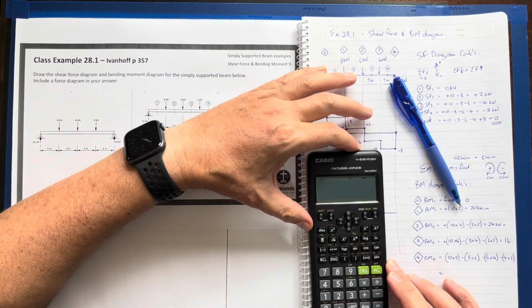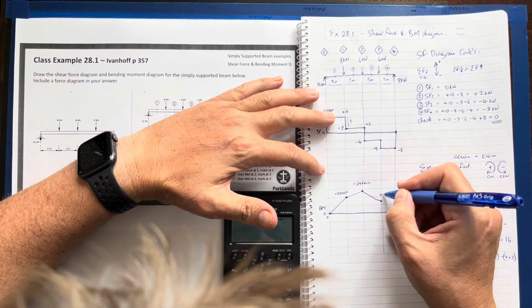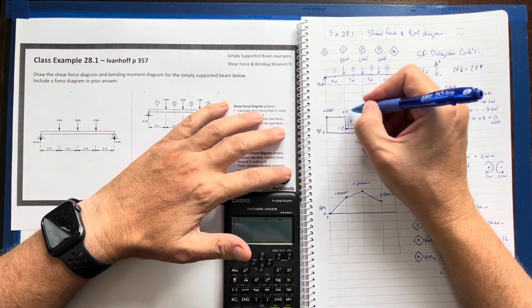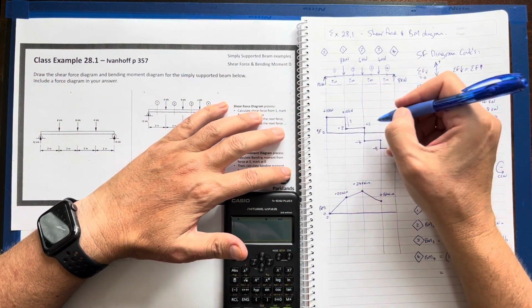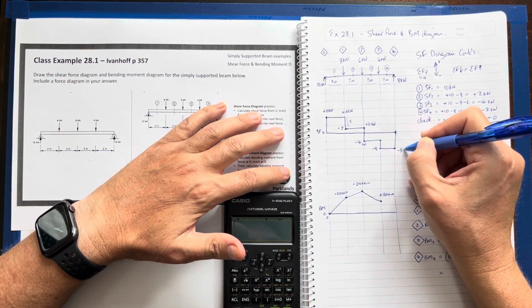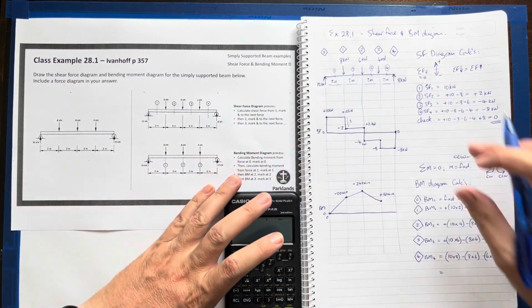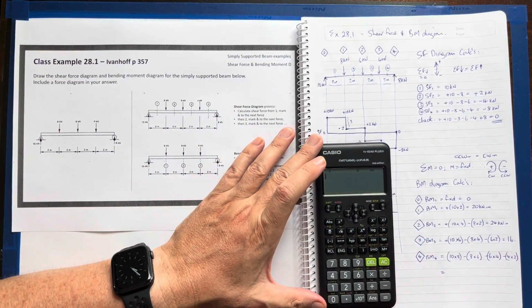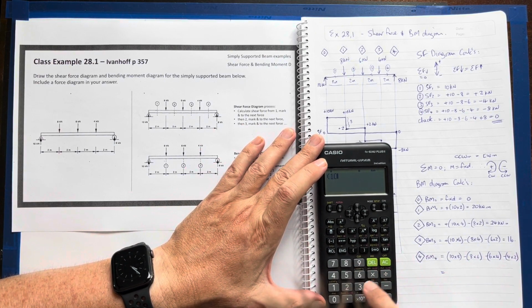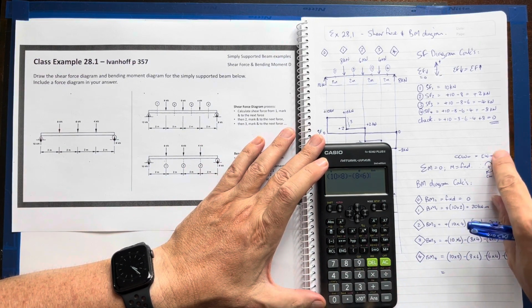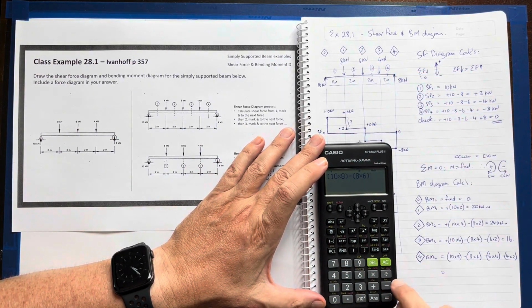Let the calculator prove it. Don't forget to put in the units. I just realized I didn't do that there. Let's see what this is. Brackets 10 times 8 minus 8 times 6, because that's a force going downwards, counterclockwise, making the beam go counterclockwise.